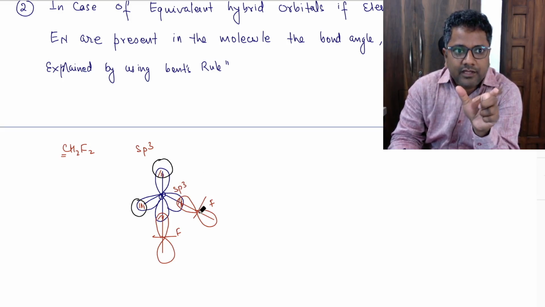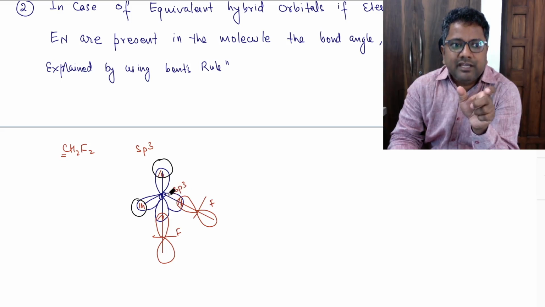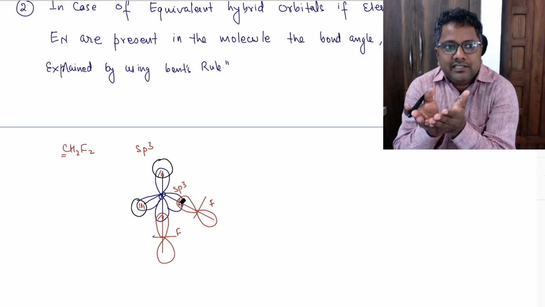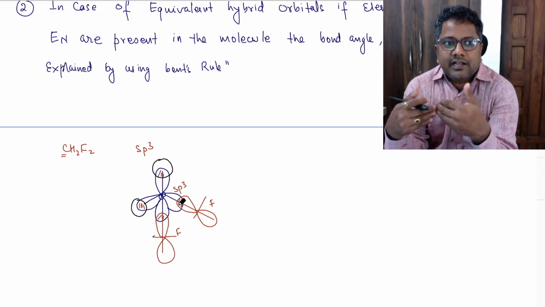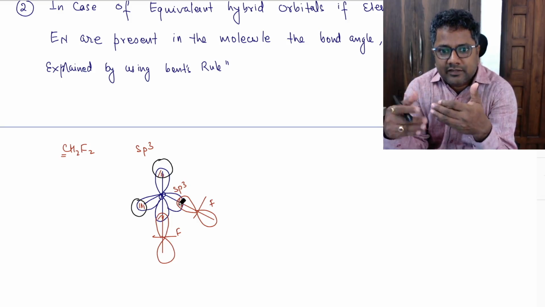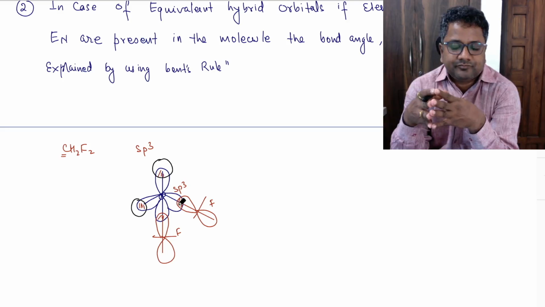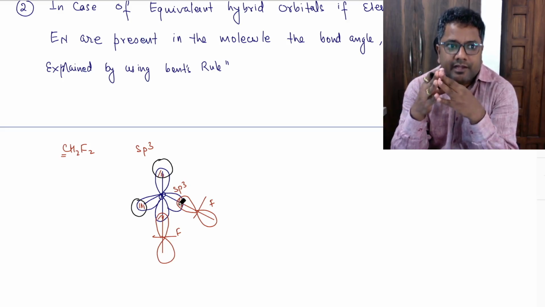The fluorine attached to this sp3 will increase the p character here. Once the p character increases, the size will increase, and electronegativity decreases. So you can say indirectly that the orbital to which the fluorine atom overlaps is less electronegative.